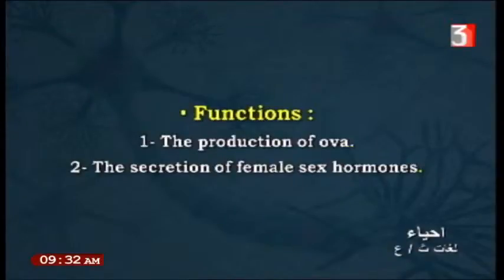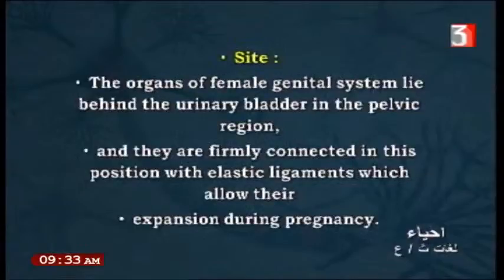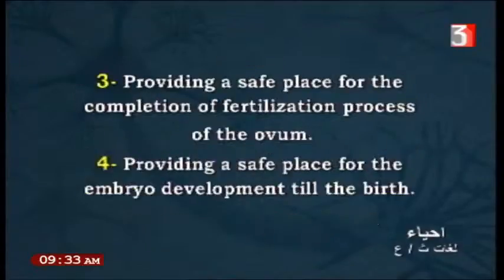You know that the male reproductive organ produces hormones like testosterone. But here in the female, there are two other hormones. What are these two hormones? Progesterone and estrogen. Number three, providing a safe place for fertilization to be completed.